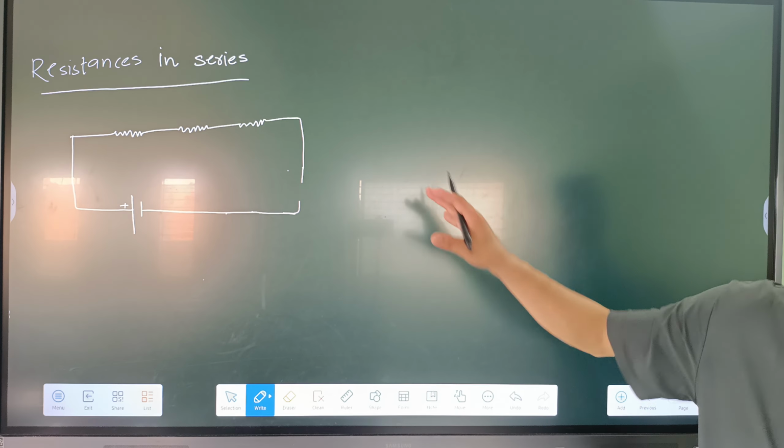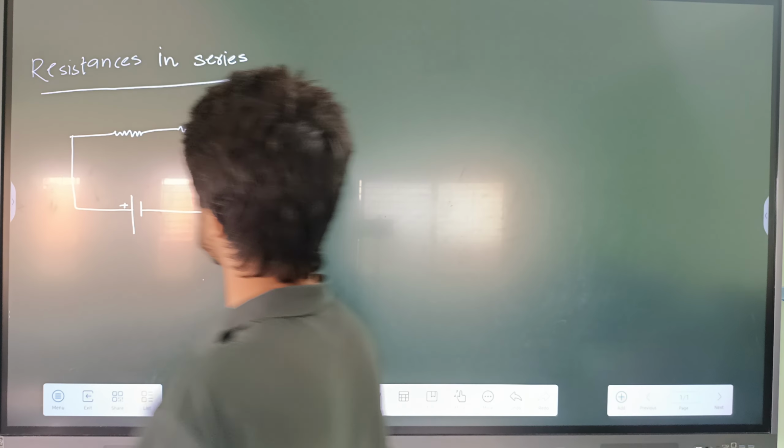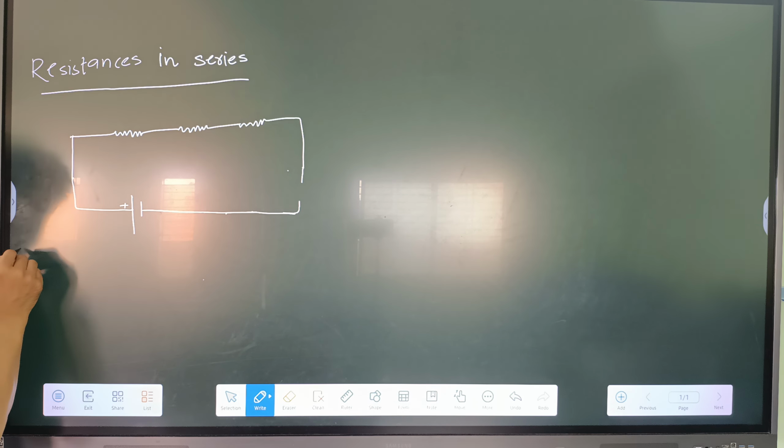That means when one end of a resistance is connected to the other end of the next resistance, that's called resistances in series.